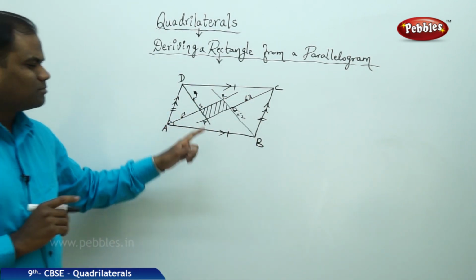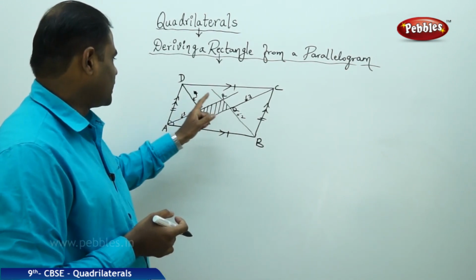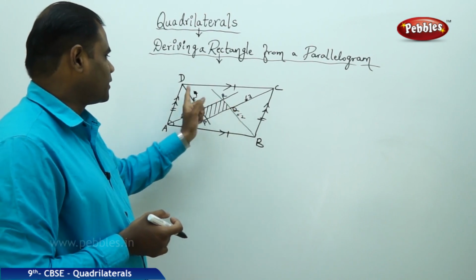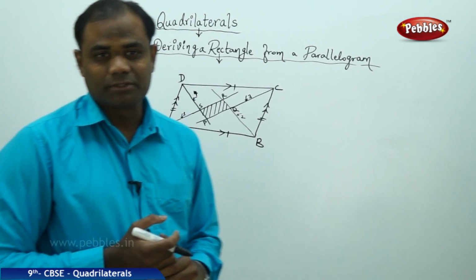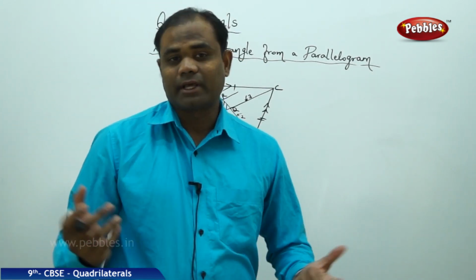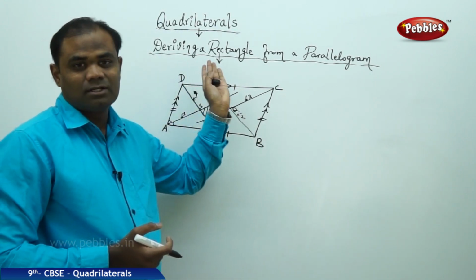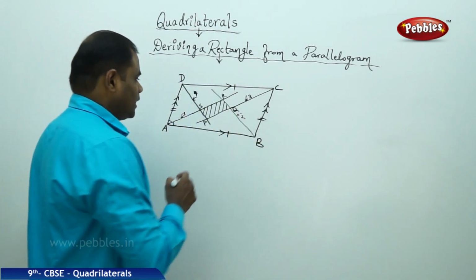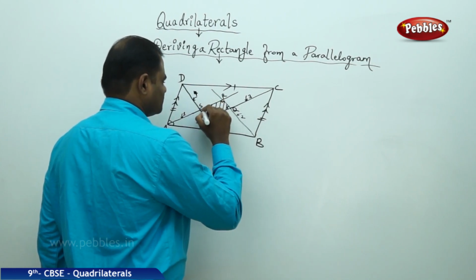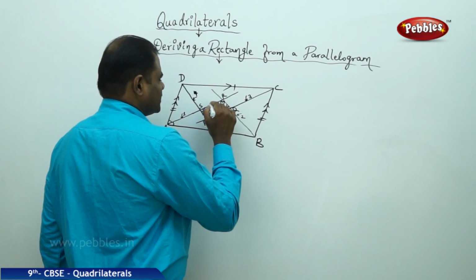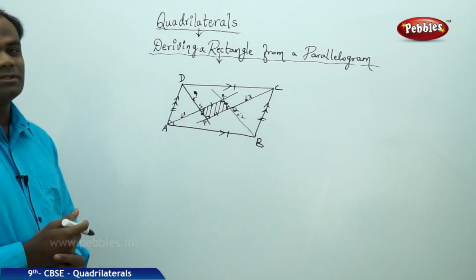Now this region seems to look like a four-sided closed figure. Yes, the four lines intersect to form a four-sided closed region, which is called a rectangle. The bisectors of a parallelogram intersect to form a rectangle. Each angle is 90 degrees and opposite sides are equal, is how I see the property for this.